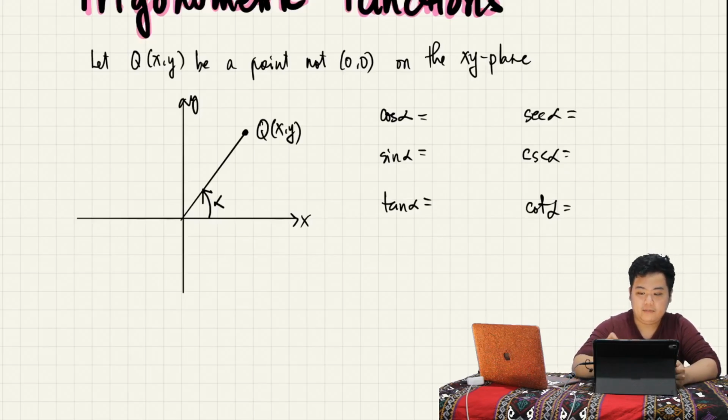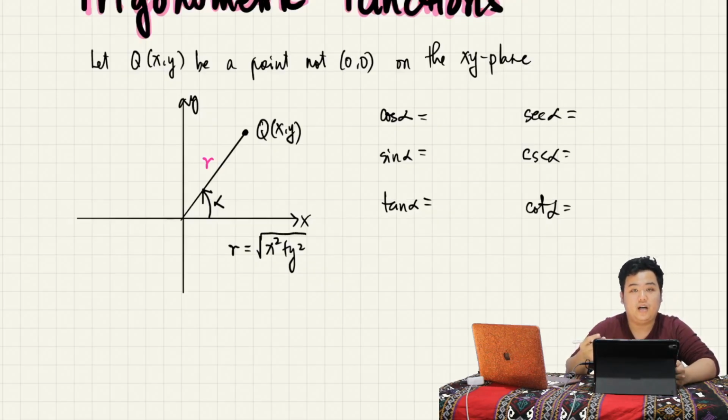But first we need the distance of Q, our point, from the origin. We will call it R. You can compute R using the formula square root of x squared plus y squared. This is just the Pythagorean theorem. And take note, our R cannot be negative, and it also cannot be zero. It is always positive, because our Q is not the origin and we are talking about distance.